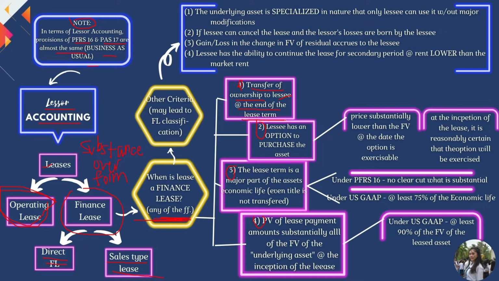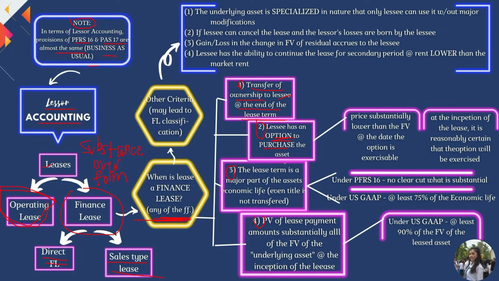It's just that what happens is it is on an installment basis and the arrangement is rent to own. Therefore, when there is transfer of ownership, our classification should be finance lease. Okay? In lessor accounting.